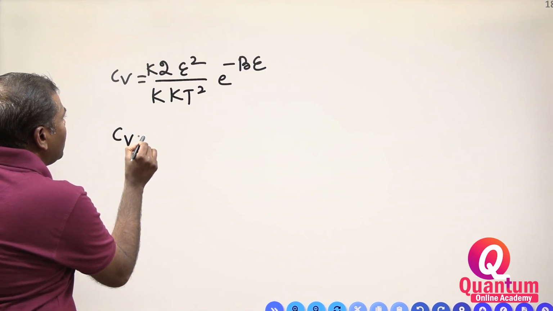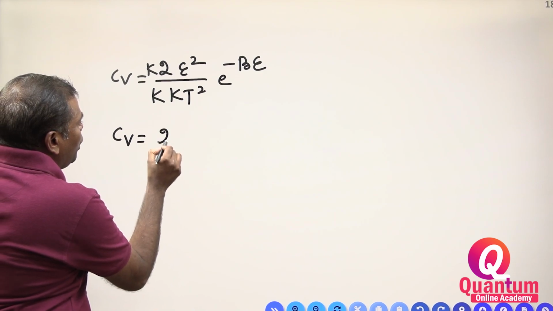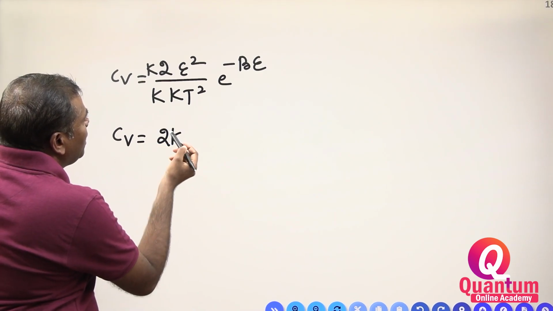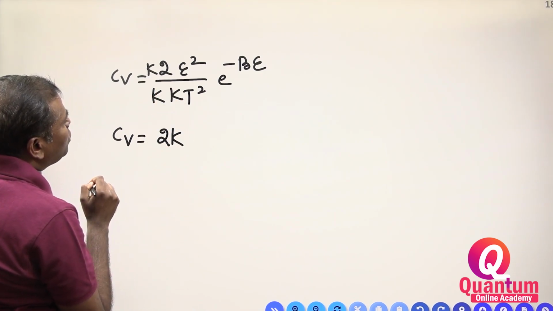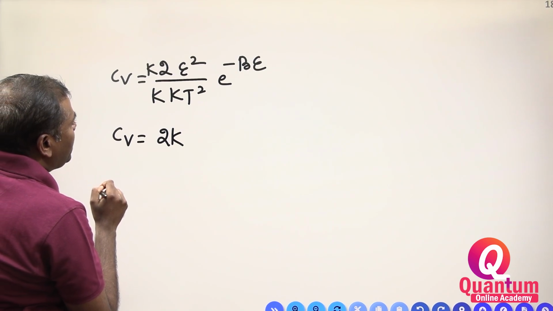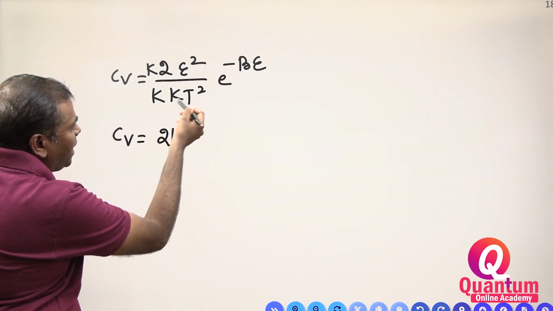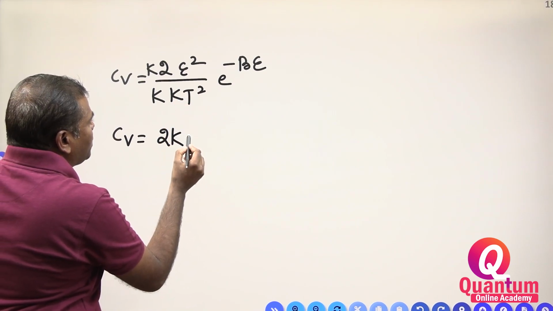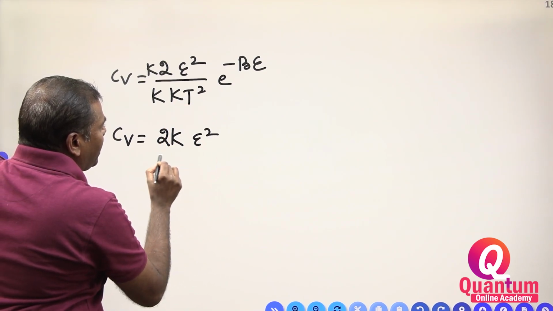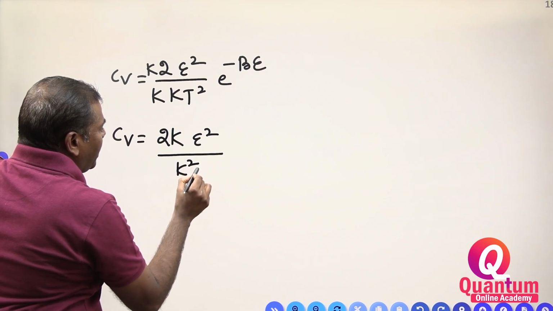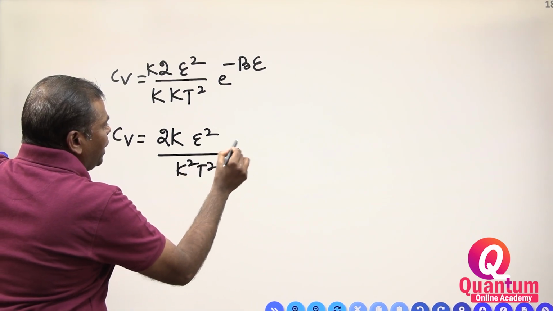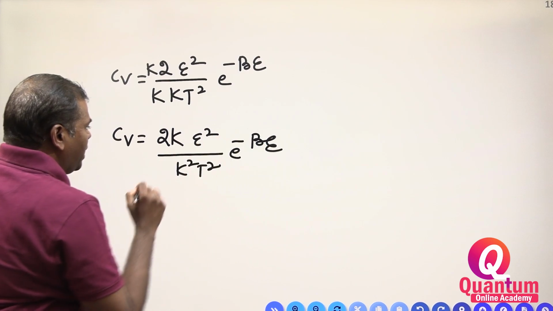Now, CV is equal to 2k into ε² divided by k²T² e^(-βε).